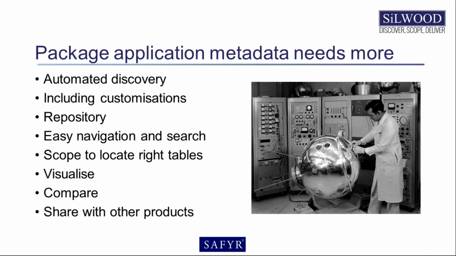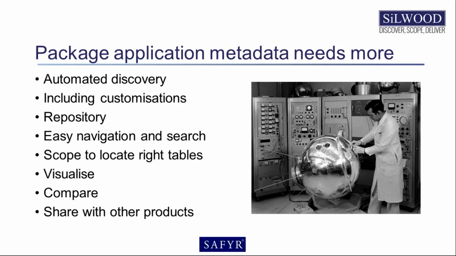And some of the basic requirements that you would probably want to achieve with such a product are to be able to discover that metadata in those packages automatically, obviously including customizations, and then put that metadata somewhere so that a data analyst or a data architect, for example, can easily navigate, search and scope to find just the right tables for the task at hand.